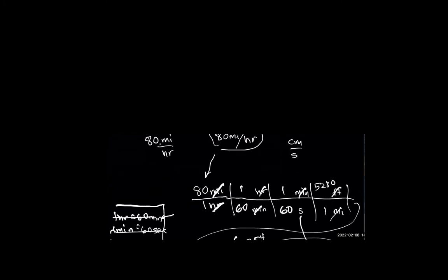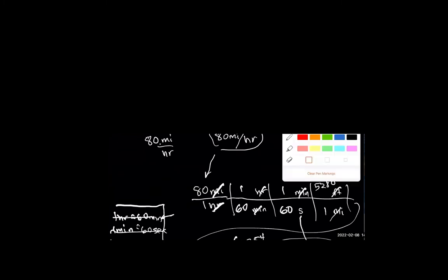Let me clear this screen. You can say that you have 155.5 pounds, and then your conversion factor is pounds to grams, grams to kilograms, and that's your answer.